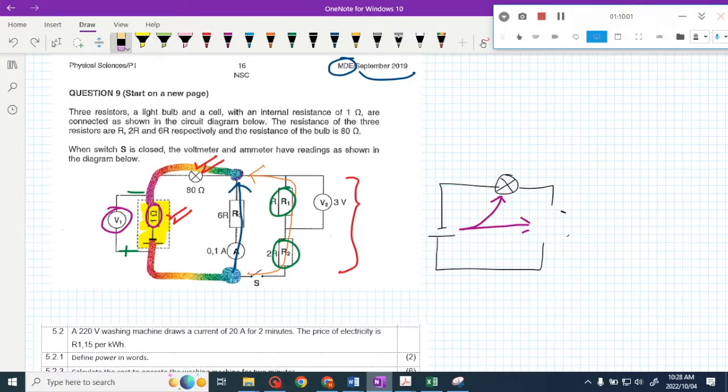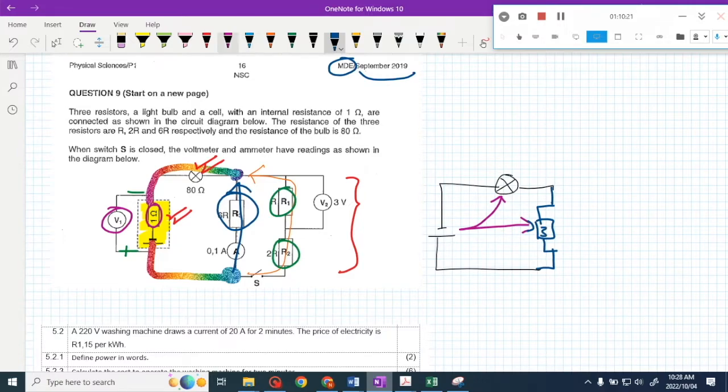So let's get rid of the one and let's draw in the other one. First we have this one, R1, like this. Is it R1 or R2 or R3? It's R3. Okay, there's R3.